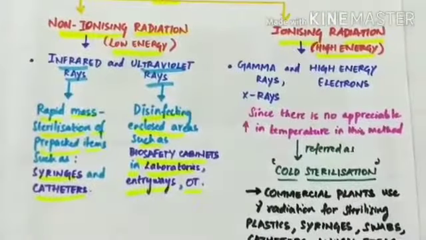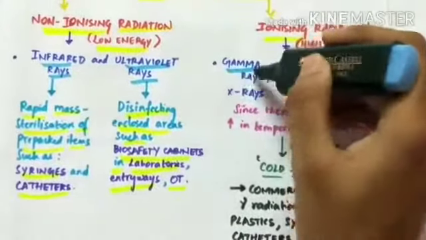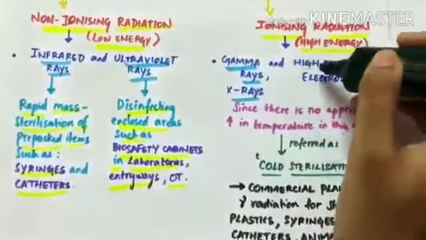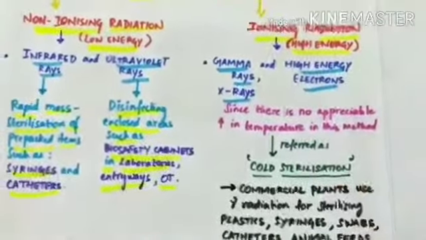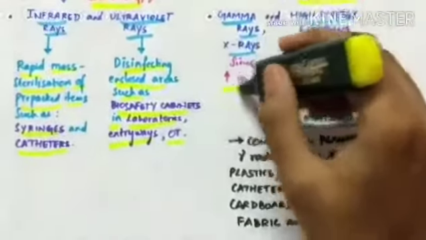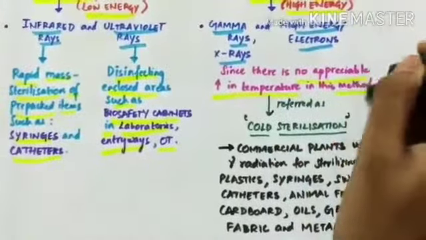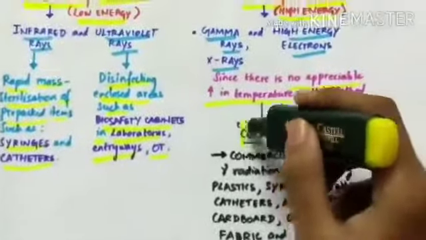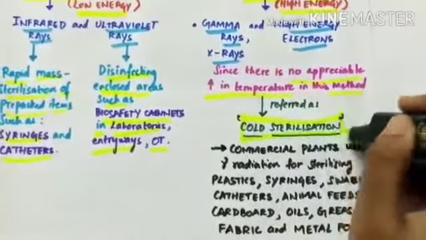Next, ionizing radiations include gamma rays, X-rays and high energy electrons. Since there is no appreciable increase in temperature in this method, it is referred to as cold sterilization.